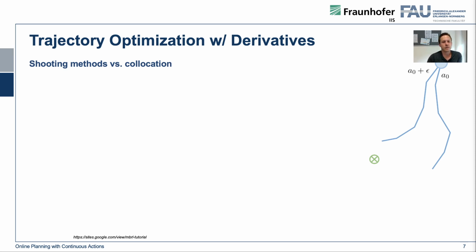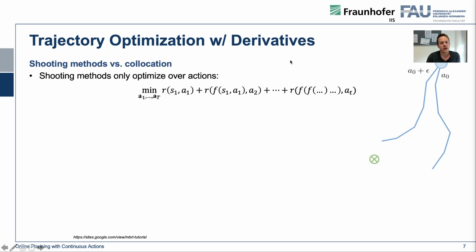What you will see is that if you just follow the recipe that we have on the previous slide, and we change a very early action by a small epsilon, which is a very small change in the beginning, this might lead to a very large change downstream in the trajectory. So in other words, as we minimize the objective, an early action has a very large influence on what is happening, although we only change it very slightly. And this means that there will be a large difference in the optimization of such variables.